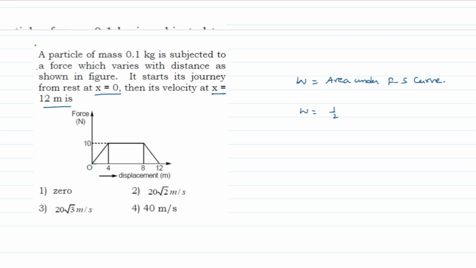The formula will be half into a plus b into height. The sum of the two sides we can take, this is 12 plus this side will be 4, and here to here it will be 12, and this side will be 8 minus 4, which is 4. Height is nothing but 10, so into 10 you can take. So here 2 5s are, so 12 plus 4, 16 into 5 will be 80.